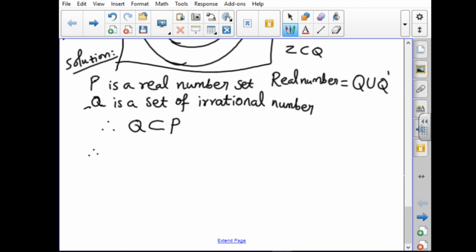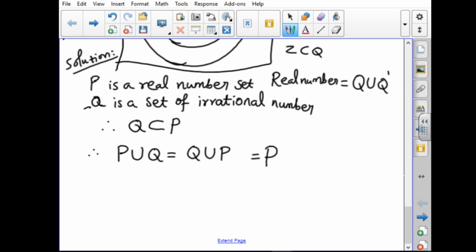Okay. So that is P union Q. If you are finding the union for real numbers and irrational numbers, what will we get? Because here the real number set is the biggest set. If you are taking the union, you will get the biggest set, that is P, the real number set. So P union Q is equal to Q union P is equal to P, that is, the real number set we will get.